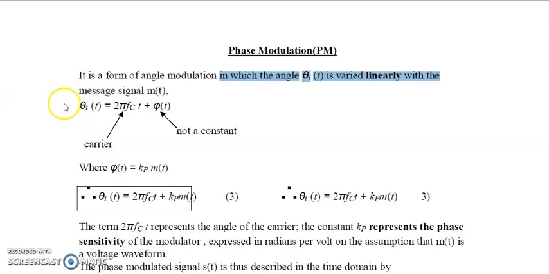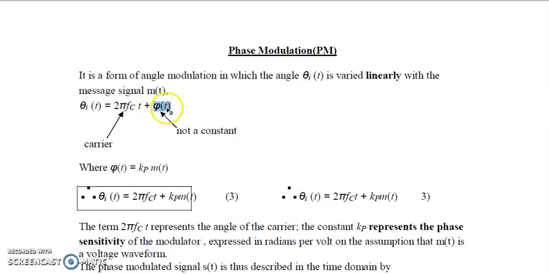Mathematically, theta i t, the instantaneous phase angle, is equal to the carrier phase angle, 2 pi fct, plus phi t.